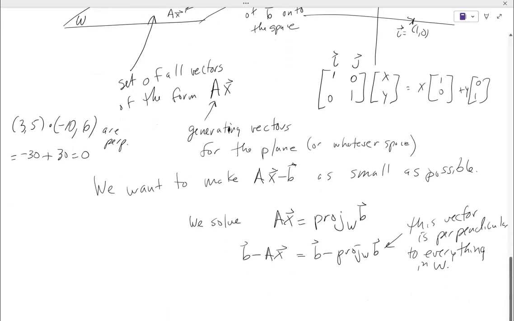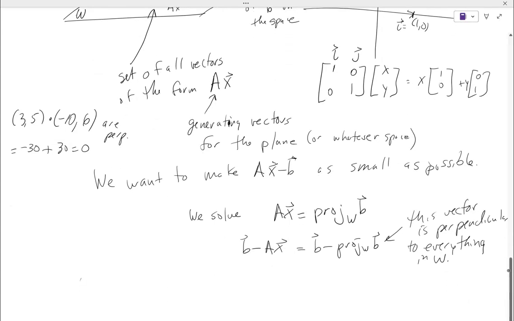So remember again, your A here is made up of columns that generate everything, correct? We agree with that?